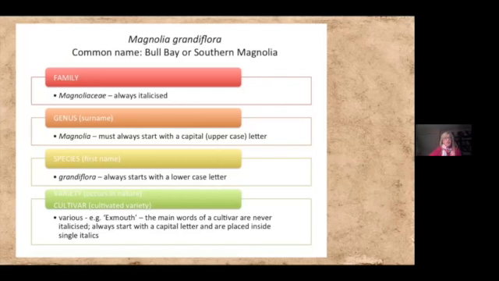And then the genus is capitalized, but the rest is lowercase. The species, which there's always thousands of different species of something, is the lowercase letter. And then you can give the variety or the cultivar in single quotes.